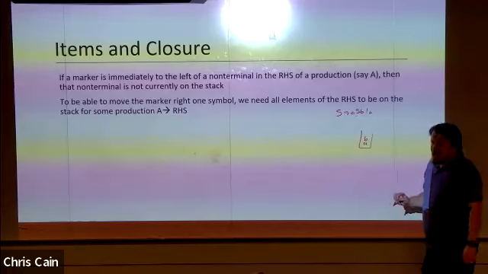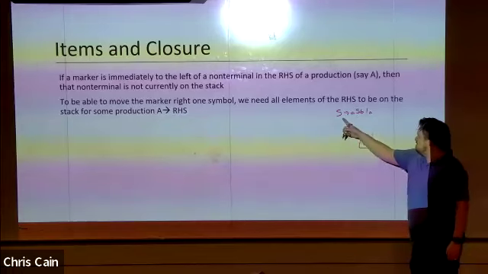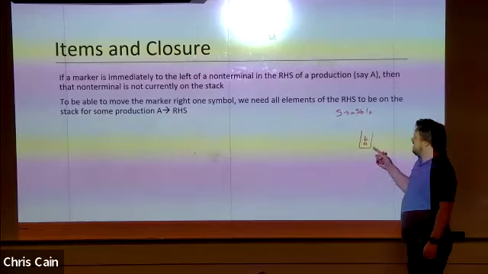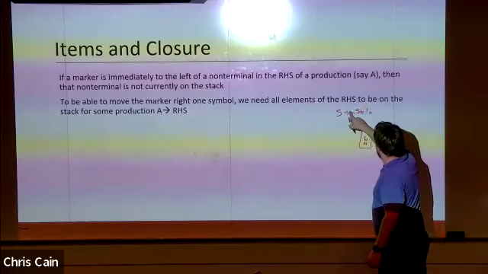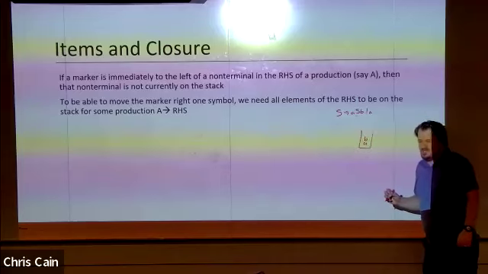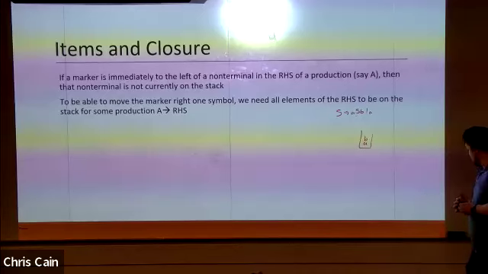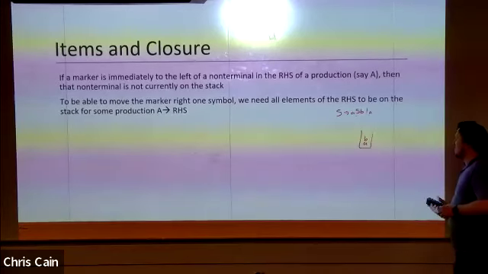But if we saw an A, now that A can be reduced to an S, which could become the S that we need here. So if we see an A, then we want to keep the dot here, because now there's a way to move past that S. So that becomes the challenge of recognition.